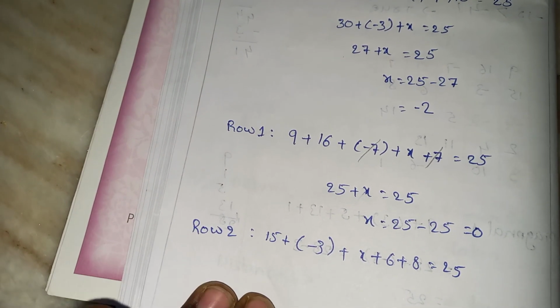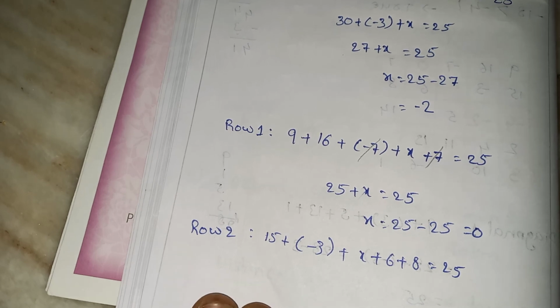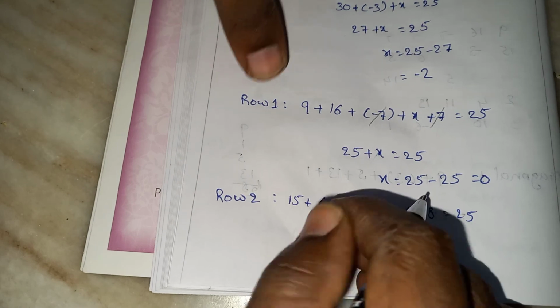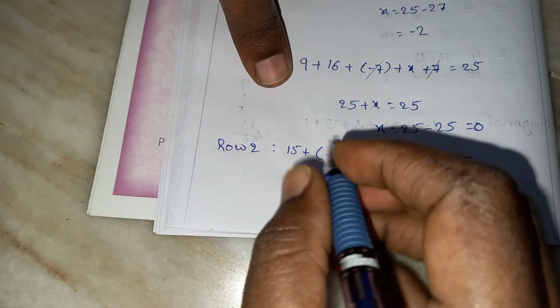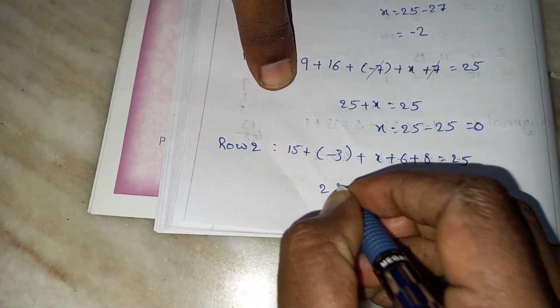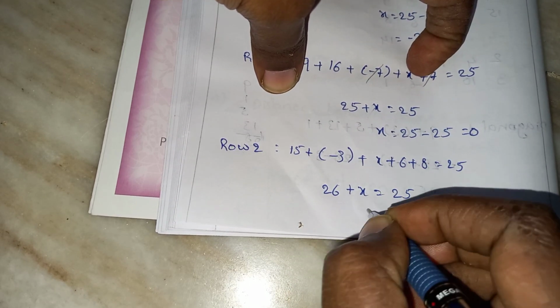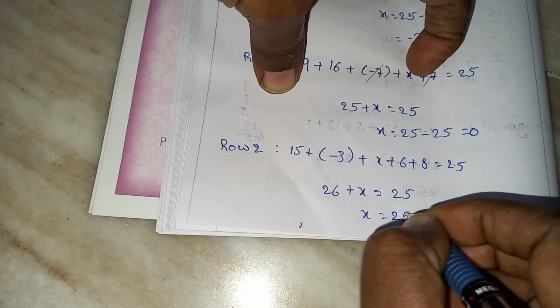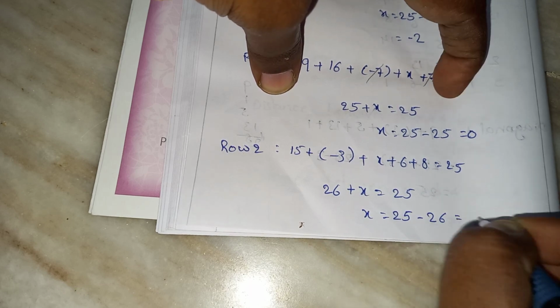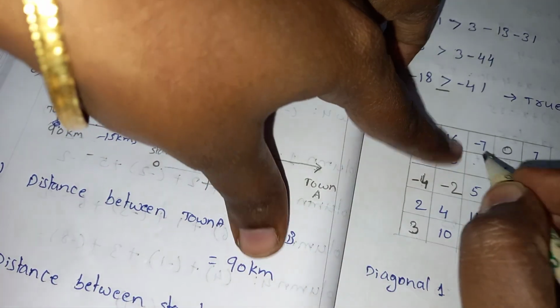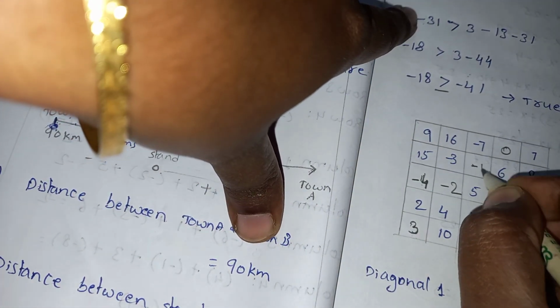What's the result? 15 minus 3 means 12, 12 plus 8 is 20, 20 plus 6 is 26. 26 plus x is equal to 25. x is equal to 25 minus 26, which means minus 1. Mention the same here, minus 1.